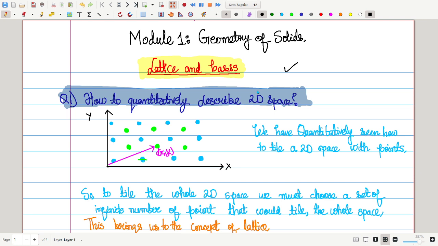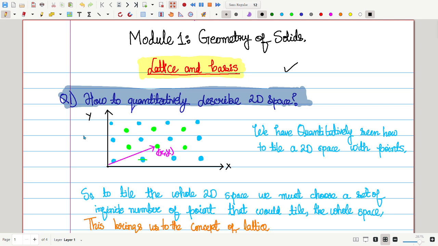Okay, so let's say we have a 2D space and we have to quantitatively describe this 2D space. And so how do we do it? As we have seen in our coordinate system classes in high school, we can describe any 2D space by an infinite set of points, which we can describe by two coordinates x comma y, as you can see in the picture.